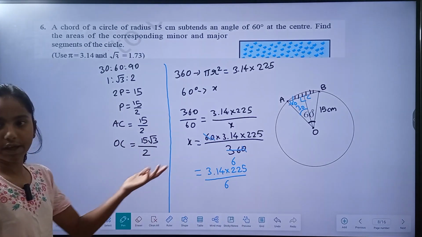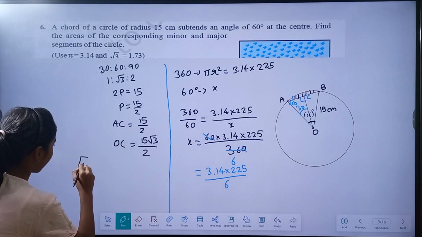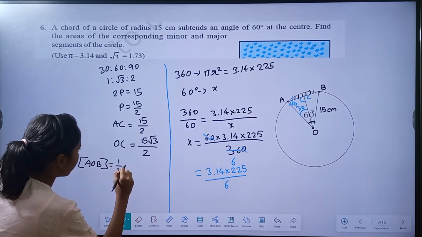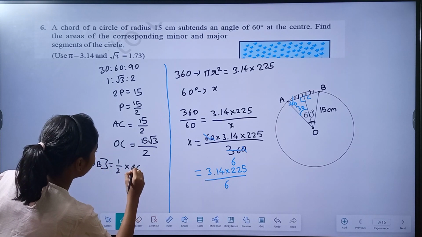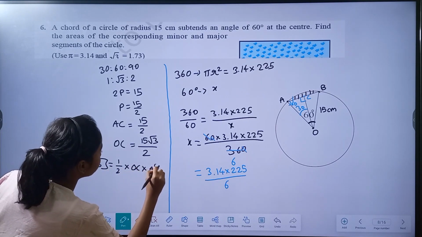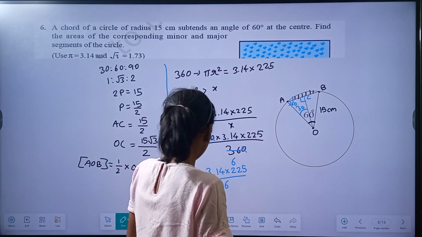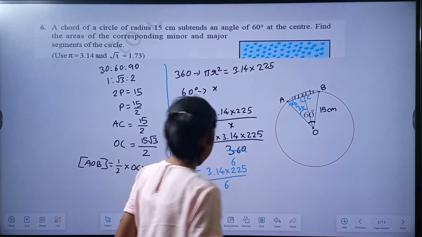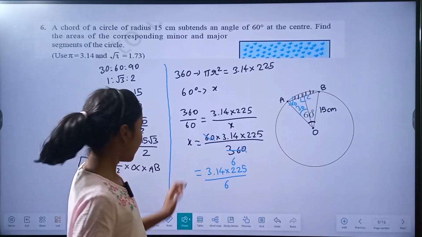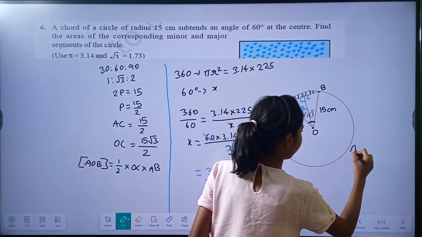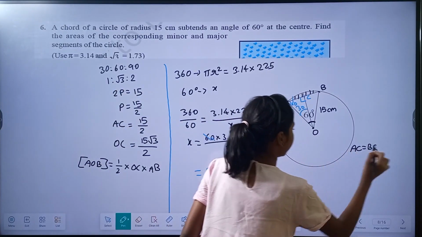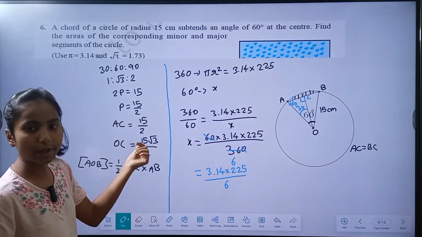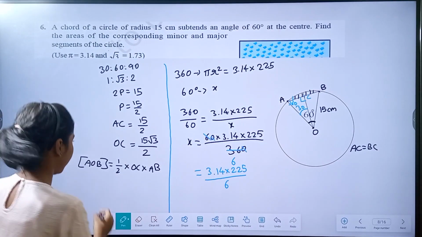Now we can find the area of the triangle. Area of AOB equals half into OC into AB. If we extend OC to the circle, it is the radius, and the radius is a perpendicular bisector of a chord. So AC equals BC. AC we have 15 by 2, so the length of AB equals 15.